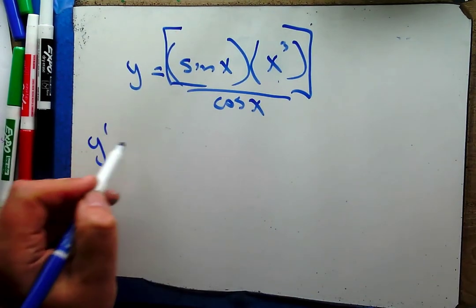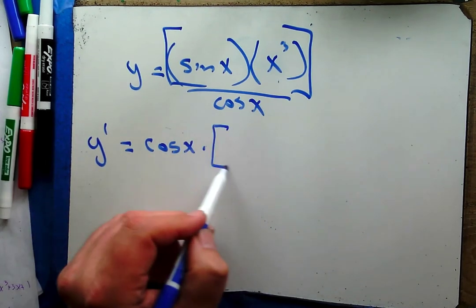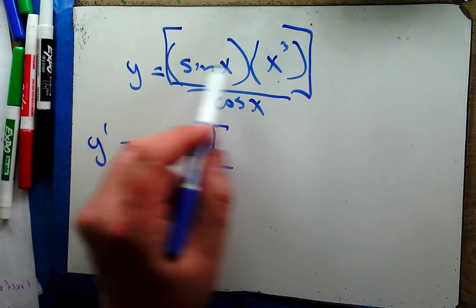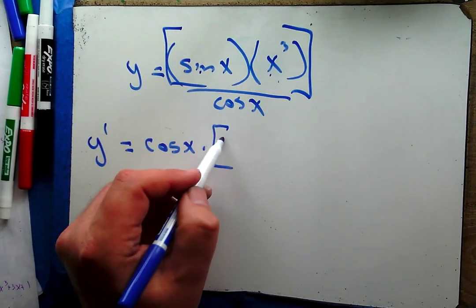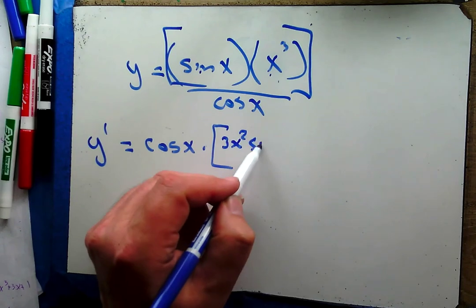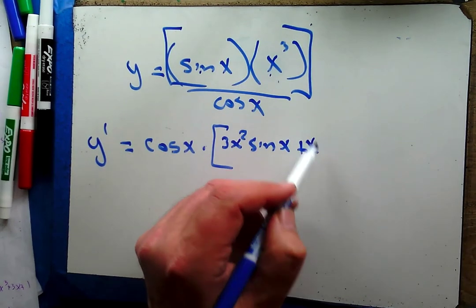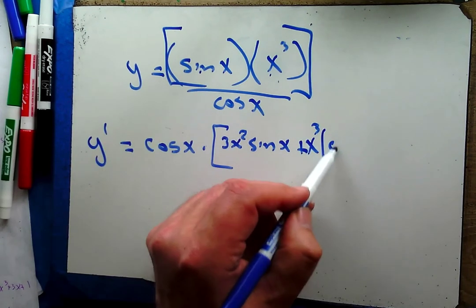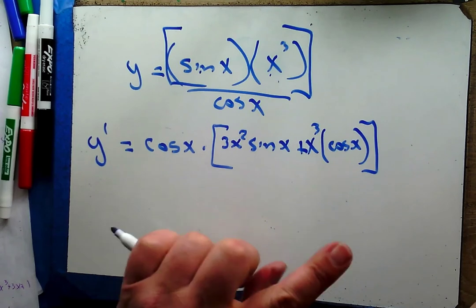So, y prime is going to be low d high. Now, d high, in order to take this derivative, I have to use the product rule. This times the derivative of that plus that times the derivative of that. Remember, we're not done.